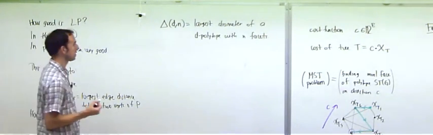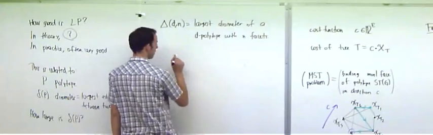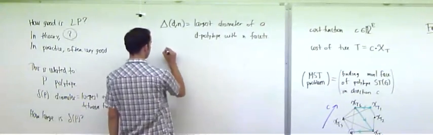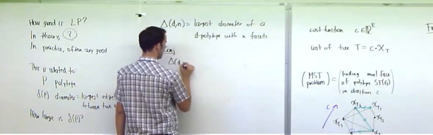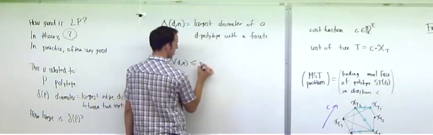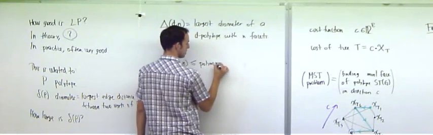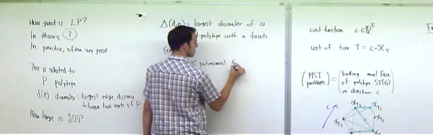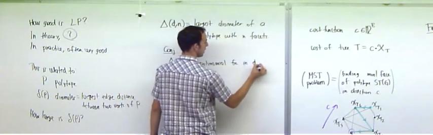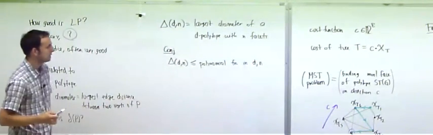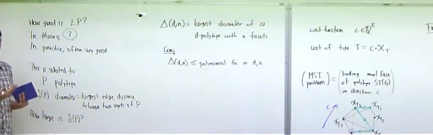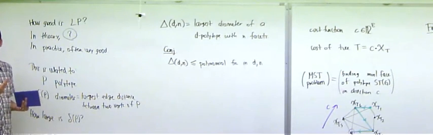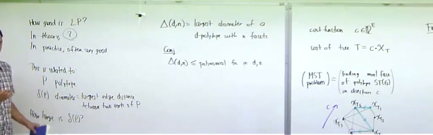Let me say a specific conjecture: delta of D comma n is less than or equal to a polynomial function in D and n. If you could prove this conjecture, then you would have some evidence that linear programming could work in polynomial time. This conjecture is wide open. No one knows if this is true or not.